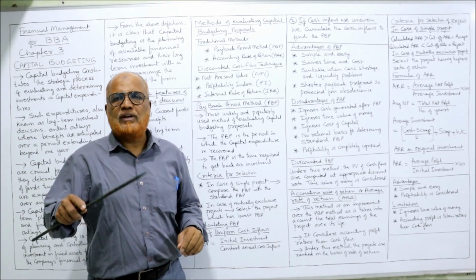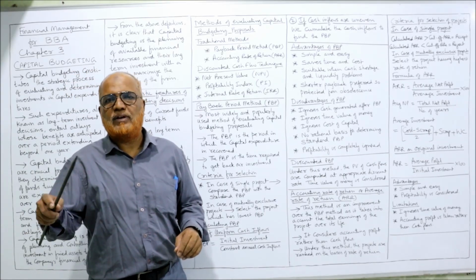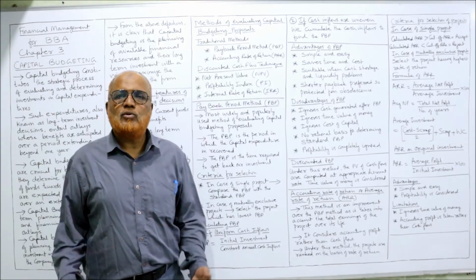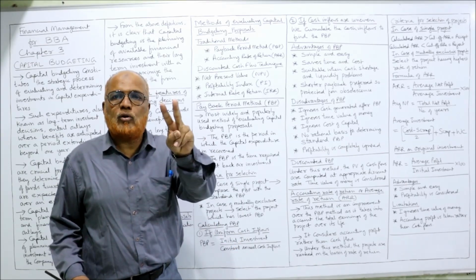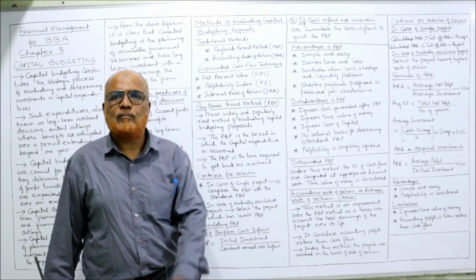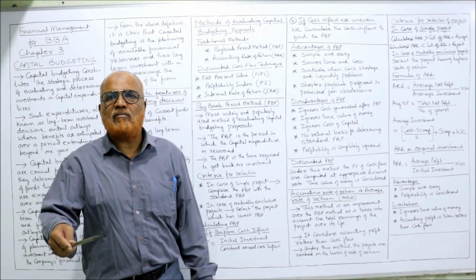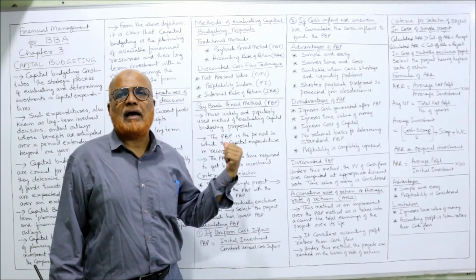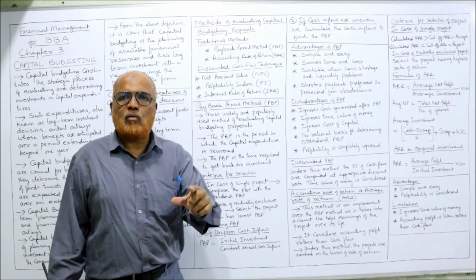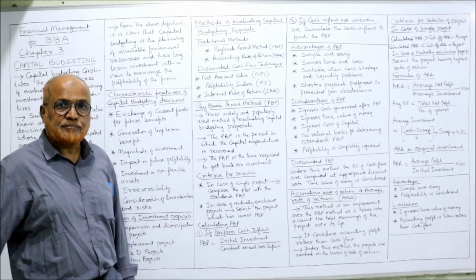So first year 50, second year 50, third year 50, fourth year 50. Then total 2 lakh. How many years you require to get back your 2 lakh rupees? 2 years. First year 1 lakh, second year 1 lakh. So this 2 year is called payback period. Time required to get back our investment.